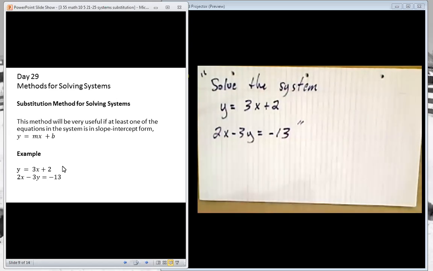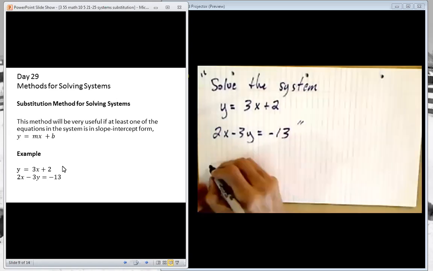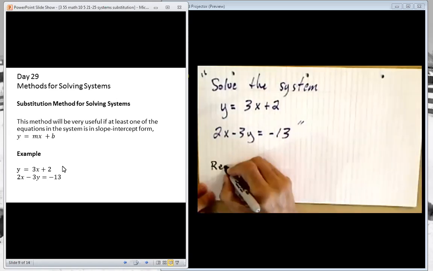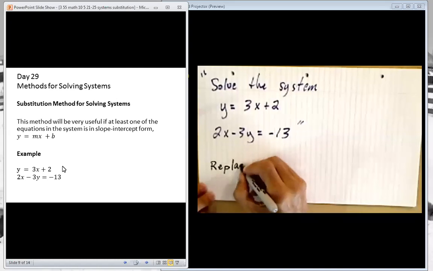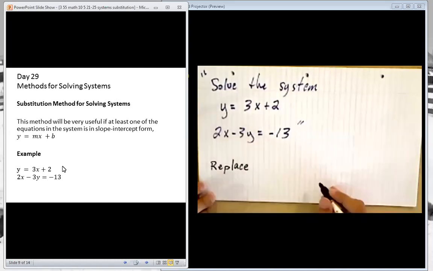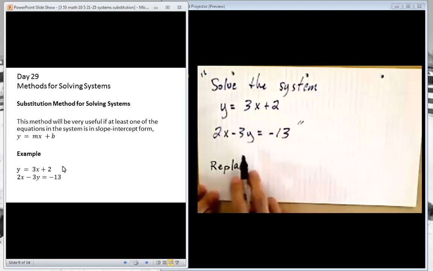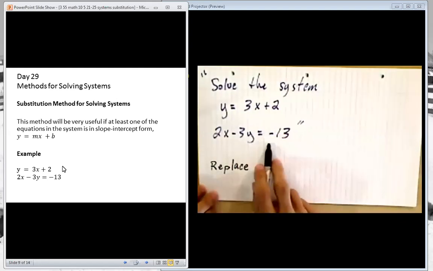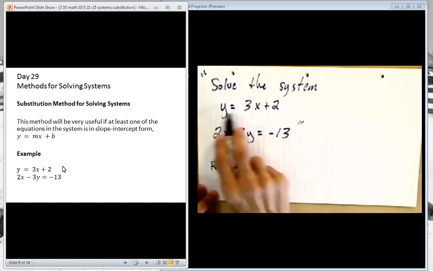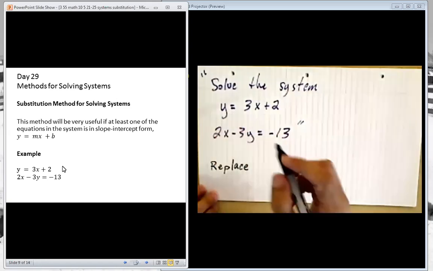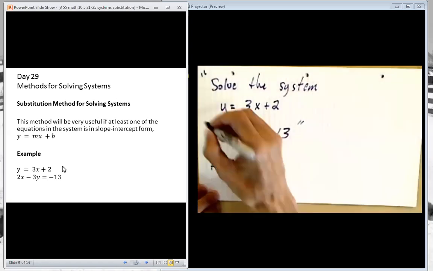Now, how to do that, as I said, is we're going to do this replacing that we were talking about. We are going to replace the y that you see in this equation here with what you see up here. Okay, so right like this.